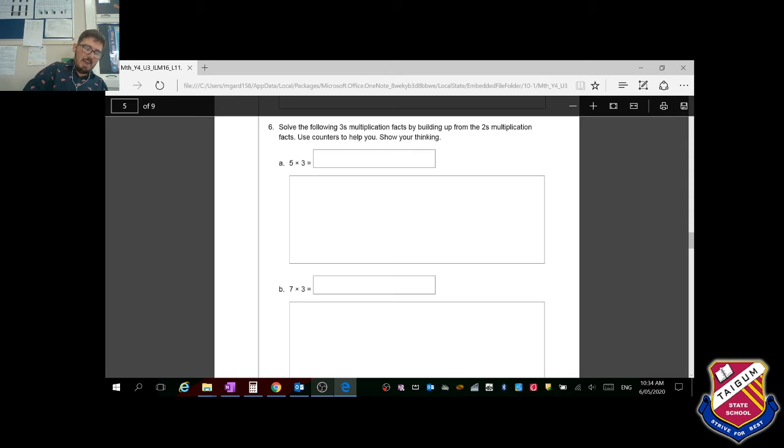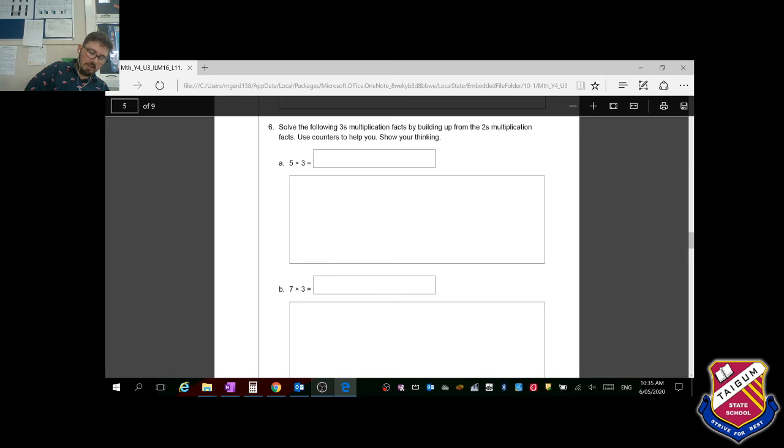So if I go A, 5 times 3, which was the one I just did, I'm going to put think 5 times 2, and I'm going to draw 5 dots as a double like that.